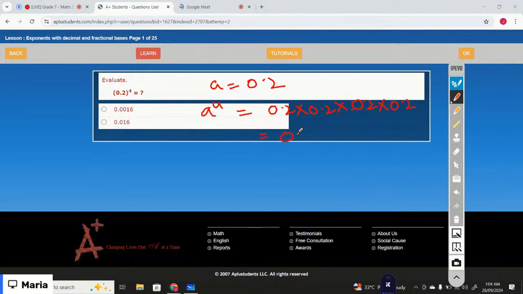So that would be 0.0016. You must have 4 decimal places, so that is 0.0016. Option number 1 is the correct option.